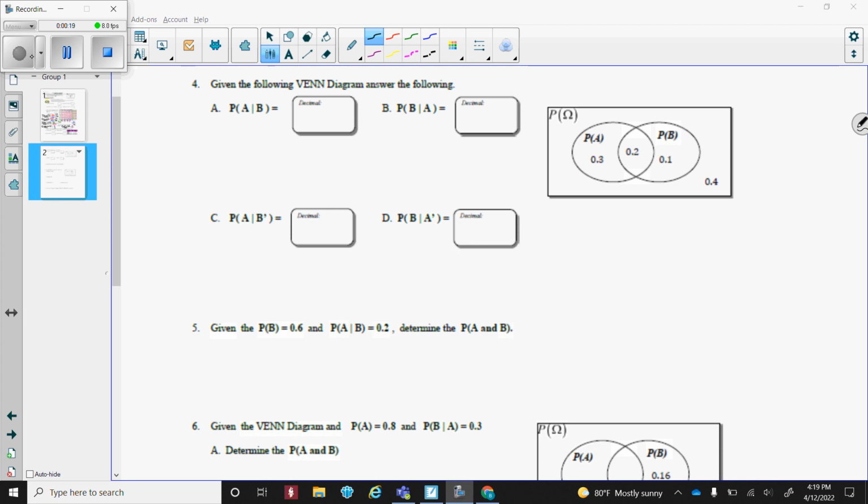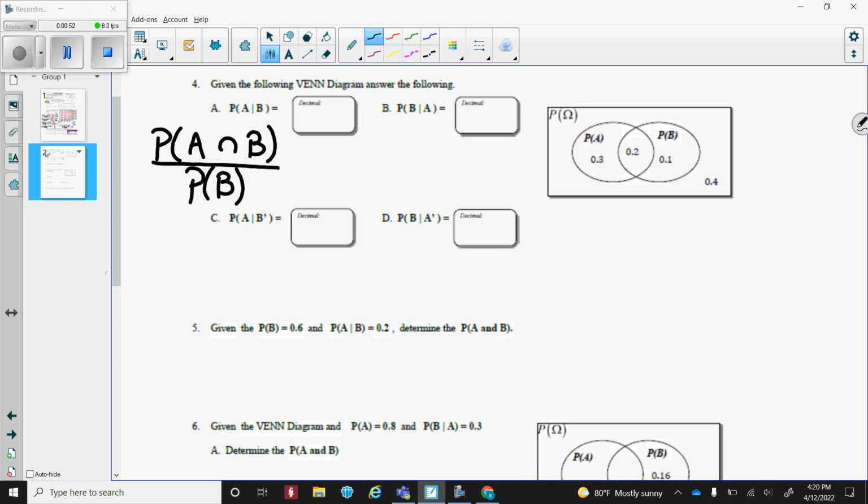Looking at question 4, we're looking at the Venn diagram on the right-hand side. Part A says the probability of A given B. Well, let's rewrite this with our formula that we saw on the front of the worksheet. We have the probability of A and B divided by the probability of B. Remember that little upside down U is the and symbol in probability.